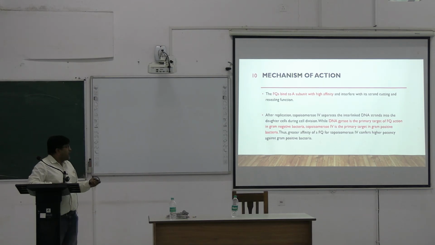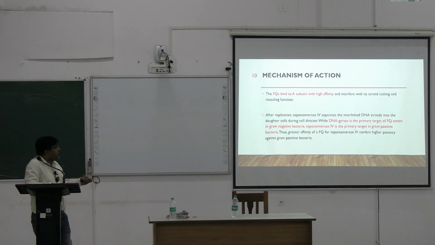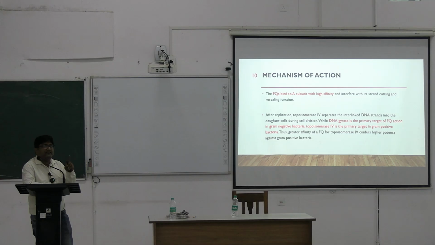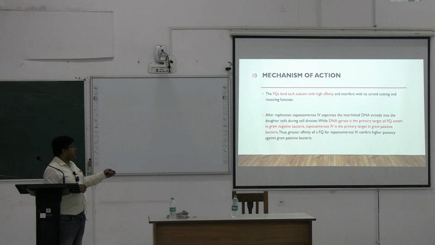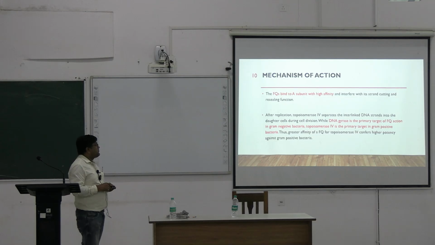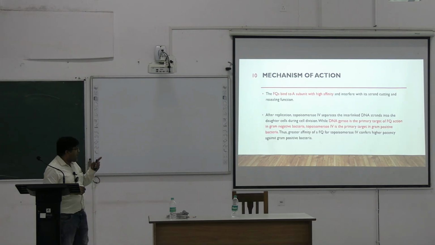While DNA gyrase is the primary target of fluoroquinolone action in gram-negative bacteria, topoisomerase 4 is the primary target of fluoroquinolone action against gram-positive bacteria. Thus, the greater affinity of fluoroquinolones for topoisomerase 4 confers higher potency against gram-positive bacteria.